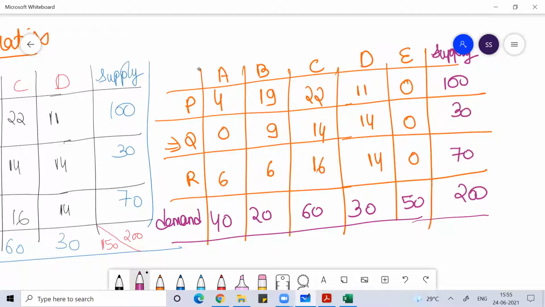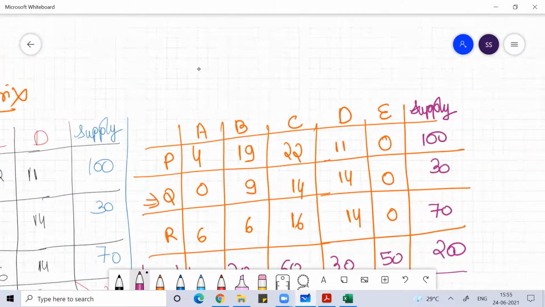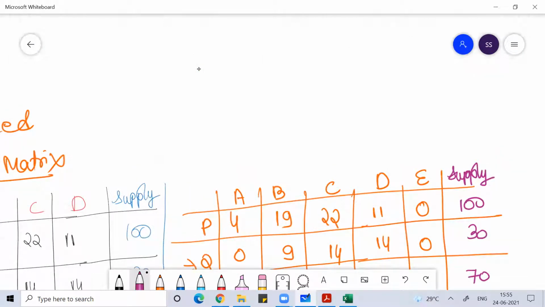So you need to make sure that the transportation problem is balanced and the objective is minimization. If everything is up to the mark, then I can determine the initial basic feasible solution.